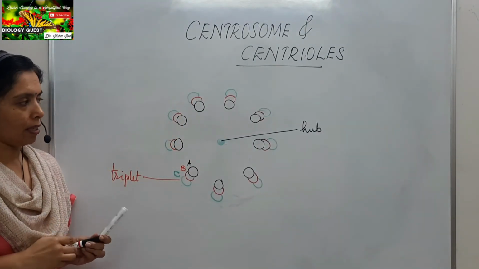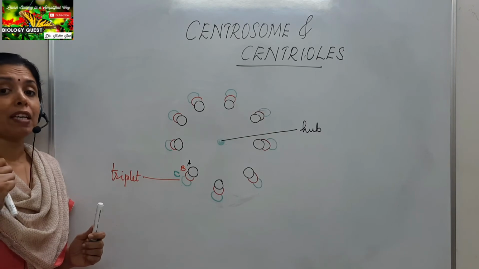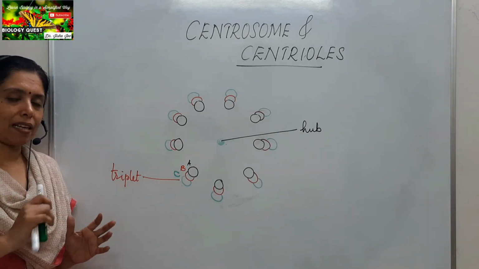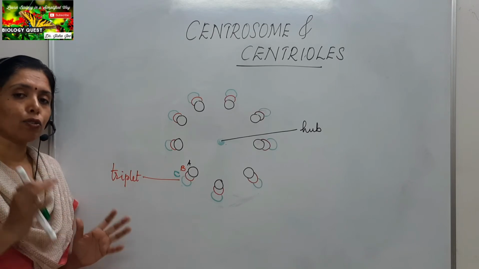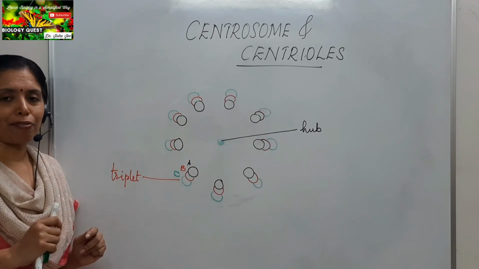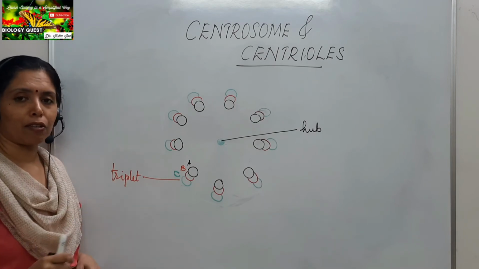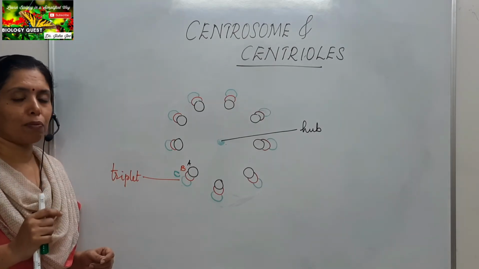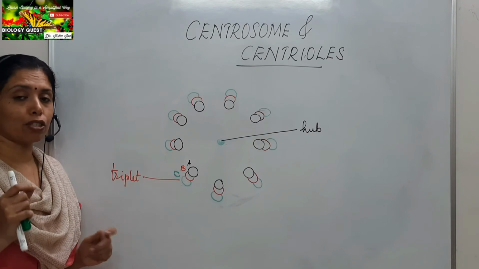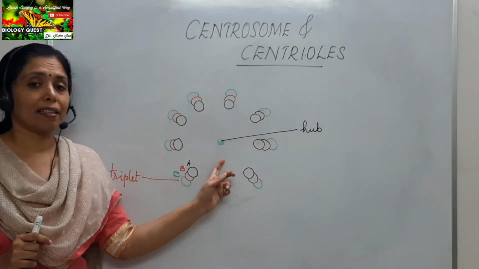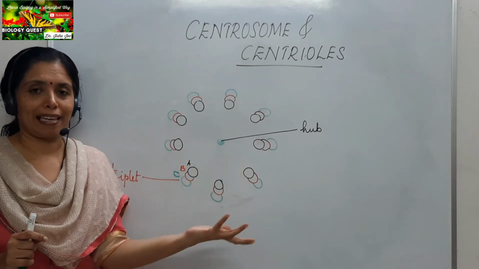Now, unlike the flagella or the cilia, in flagella and cilia we have seen that there are 9 groups or doublets of microtubules at the periphery and 2 single central microtubules. Such an arrangement is called the 9+2 arrangement. But here there is no microtubule at the center.